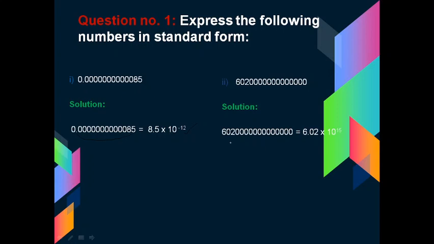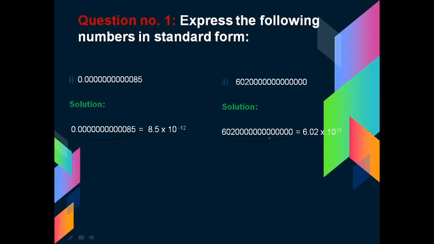Now why 10 raised to the power 15? As we have placed the decimal after first digit, then where we have kept the decimal, after that how many digits are there, that we have to count. So here 1 2 3 4 5 6 7 8 9 10 11 12 13 14 15.